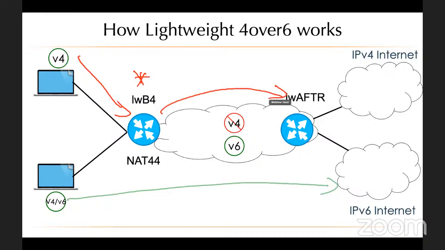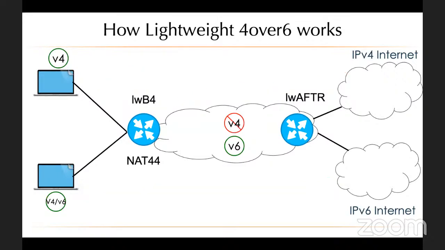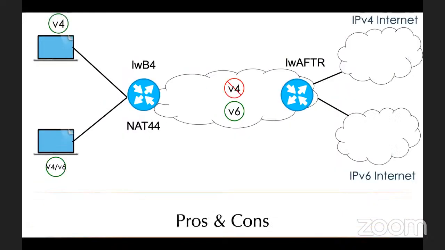And then once it gets to the AFTR, it's going to be sent directly to the internet. So with lightweight 4/6, it makes it much easier, and it's much better than dual stack Lite. So I think if you're to choose between DS Lite and lightweight 4/6, lightweight 4/6 wins it.